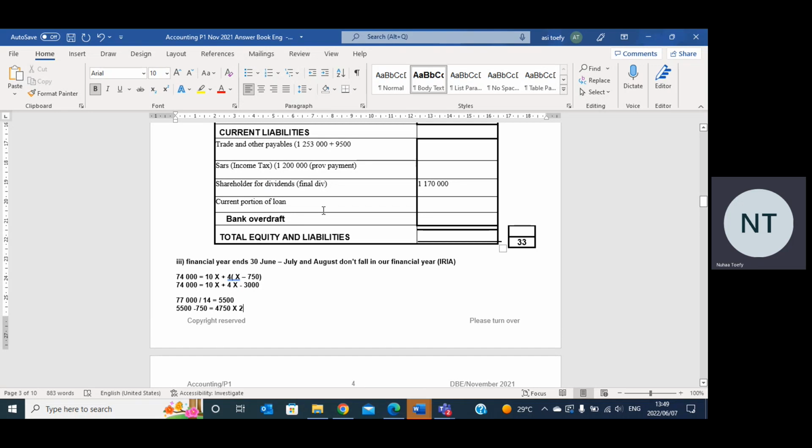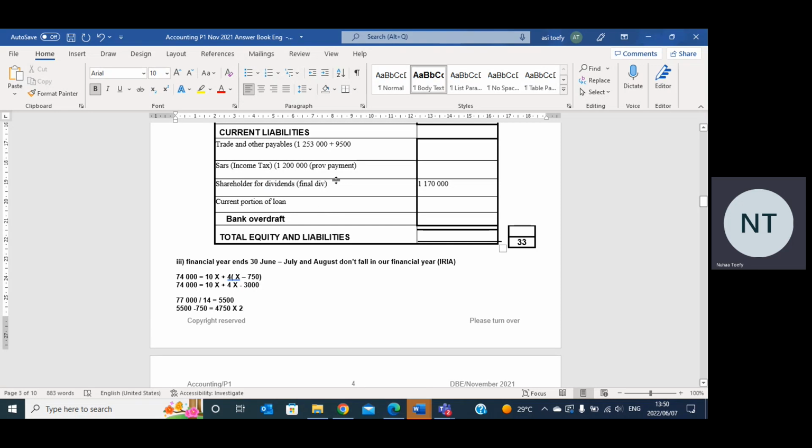I'm done with that when I'm going on to IV. It says after taking into account the corrections above, it was determined that an additional 85,250 is still owed to SARS.